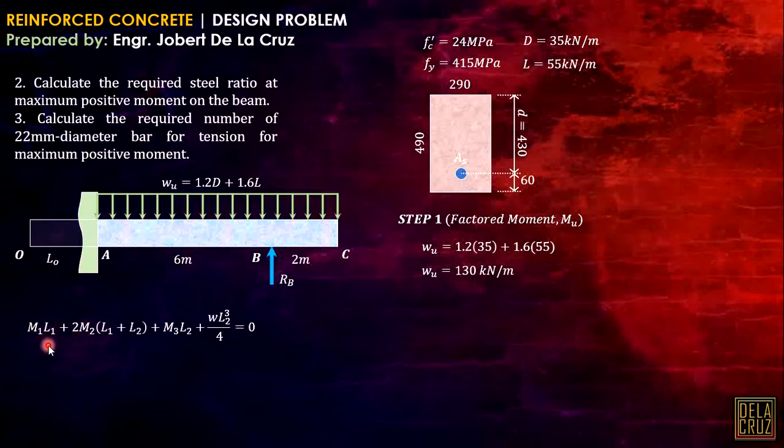M1 here is the moment at point 1. Ito yung point 1 ko. L1, that will be this LO. M2, that will be my moment at A. Then L1, then L2, this is the 6 meters. That is the length included between 3 points. My M3 is the moment at B. L2 is the same, 6 meters. And yung coefficient na idadagdag natin dito is due to the loads.